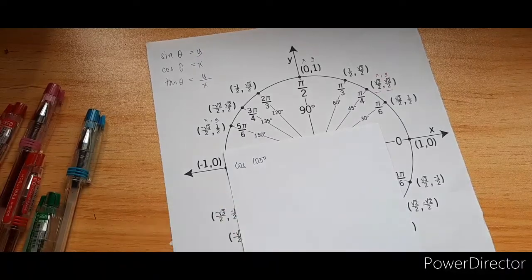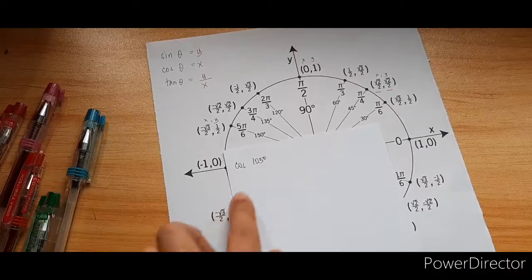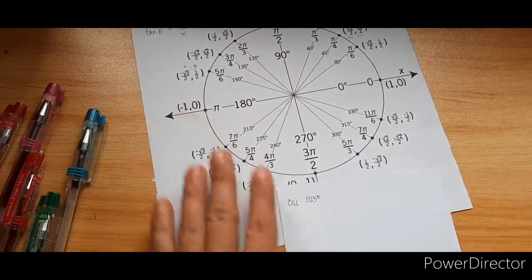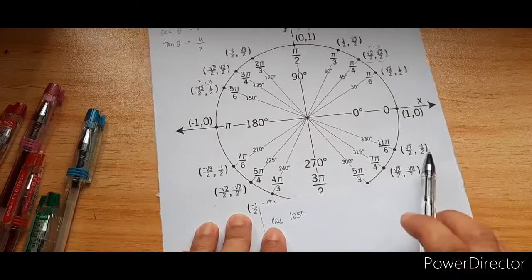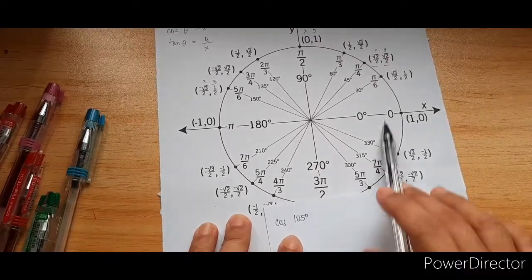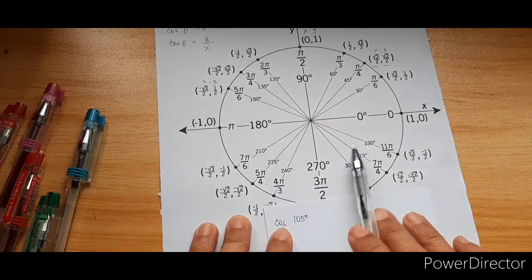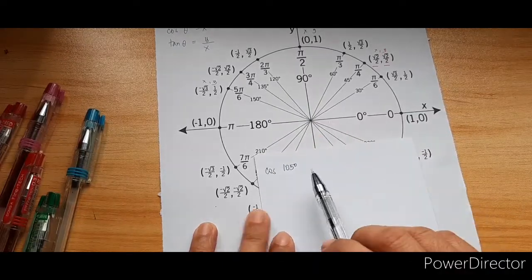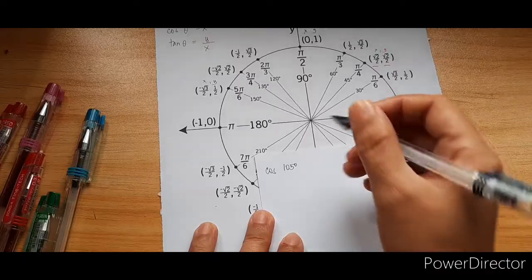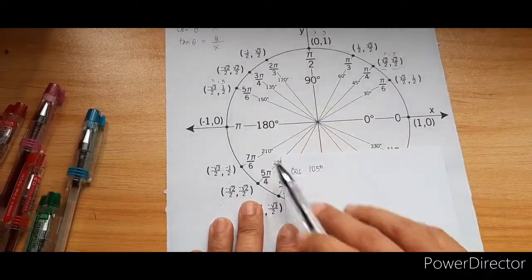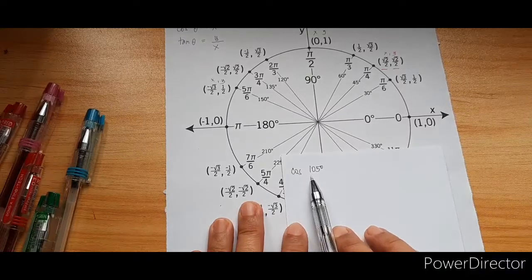The first thing we will have in mind is to find 105 degrees in our unit circle. But then, we cannot find 105 degrees in our unit circle. So what are we going to do? We are going to find two numbers that we can find in our unit circle that will be equal to 105.